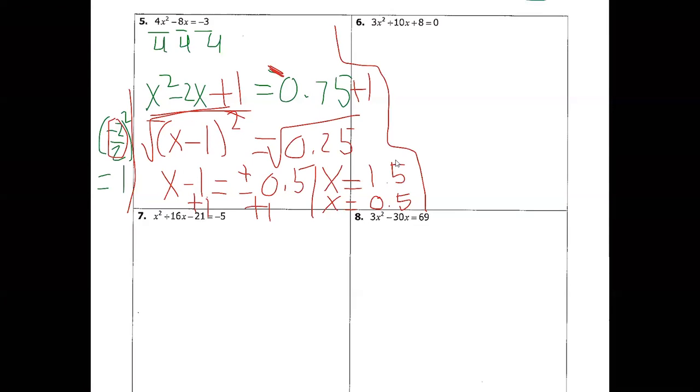I'm going to skip problem 6. It's a messy fraction, and I'll have to check in Delta Math to make sure they work out pretty nice. If you divide this by 3, first you'd want to move that 8 over.